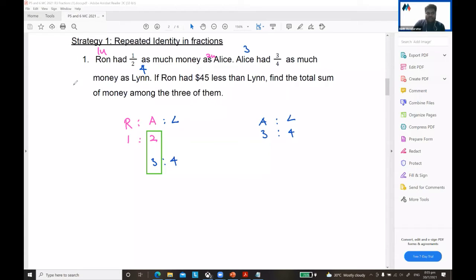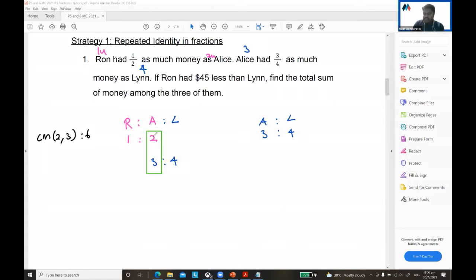You're going to find the common multiple. Right now, the common multiple of 2 and 3. Can you type what's the common multiple of 2 and 3? Very good. 6. Common multiple of 2 and 3 is 6.